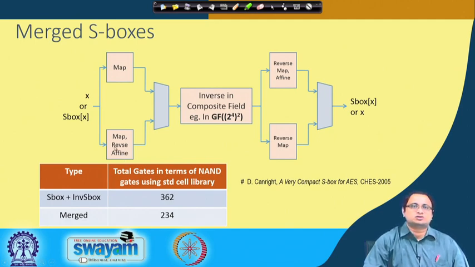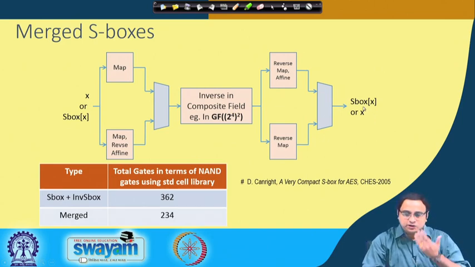You can combine these two things to save some gates, because both of them are matrices. Then you pass them through an inverse in the composite field GF(2^4)^2, and finally you do the reverse mapping to get the result back, which in this case is x. So, you have fed in SBox(x), and since you are doing the inverse operation, you are getting x back.